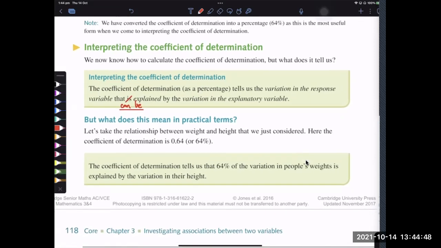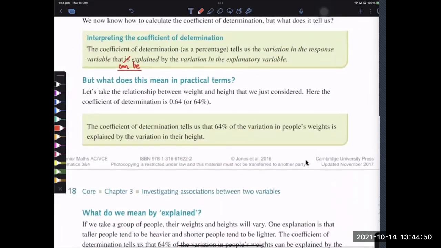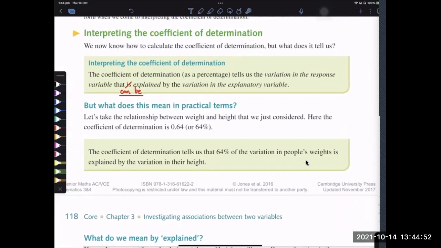So in terms of an example here, if they say that there is a relationship between the weight and the height, so let's just say that the coefficient of determination is 0.64 or 64% as a percentage.